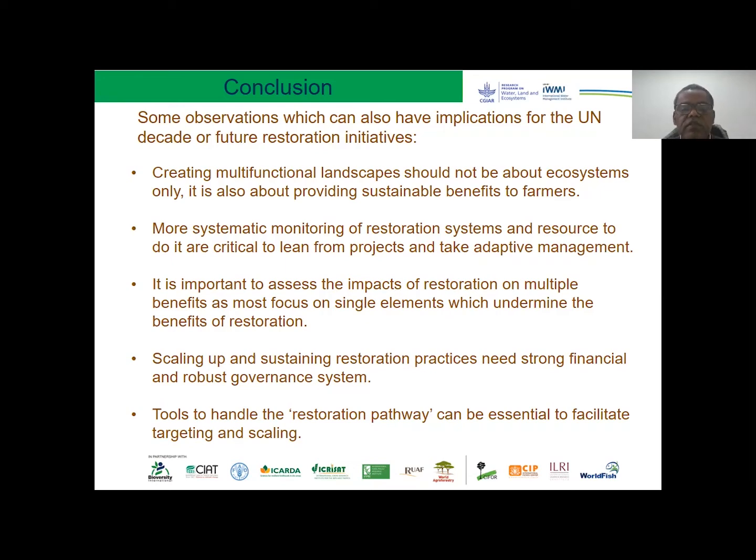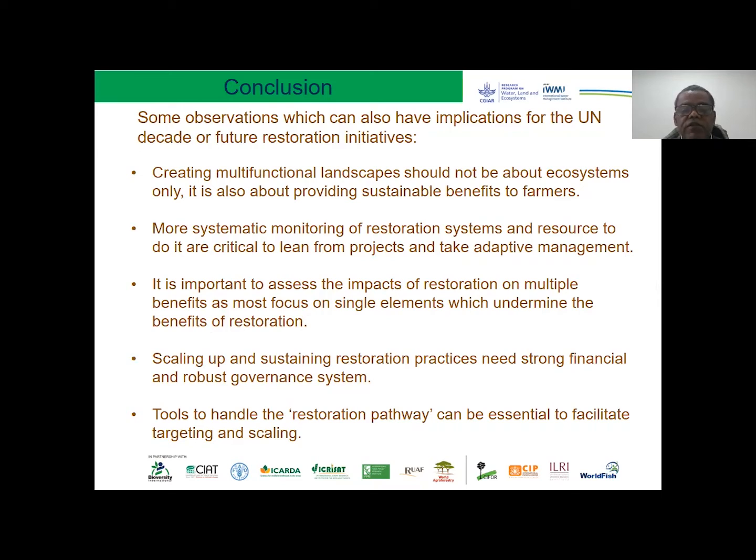The scaling up is critical and very important to sustain the restoration practices, but that needs strong financial support and a very robust governance system. So this should be in place to achieve the plan of restoration.